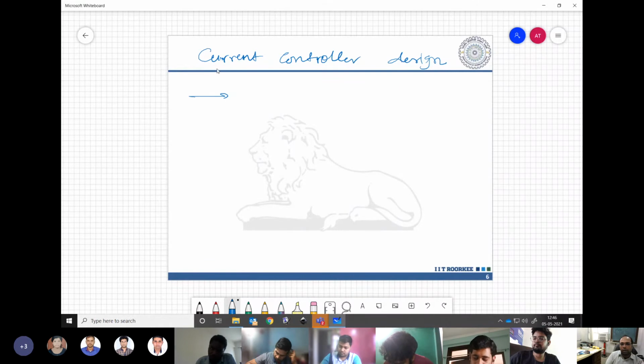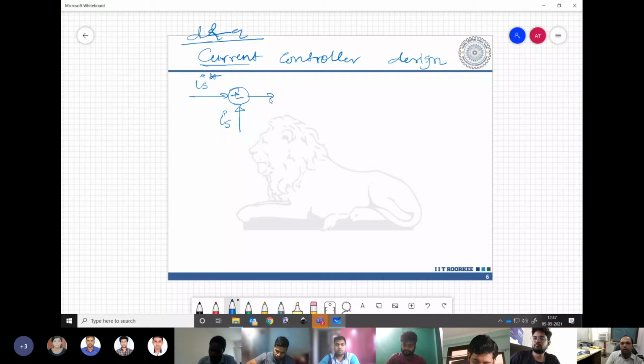When we say current controller, this includes both D and Q. So I will write a general IS. IS star is the reference, general IS. It could be ID, it could be IQ, but the control structure will remain the same. Then the feedback is our IS.